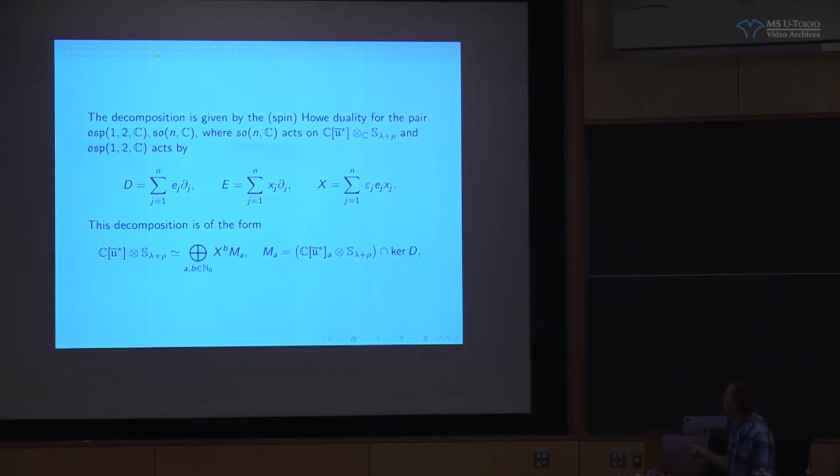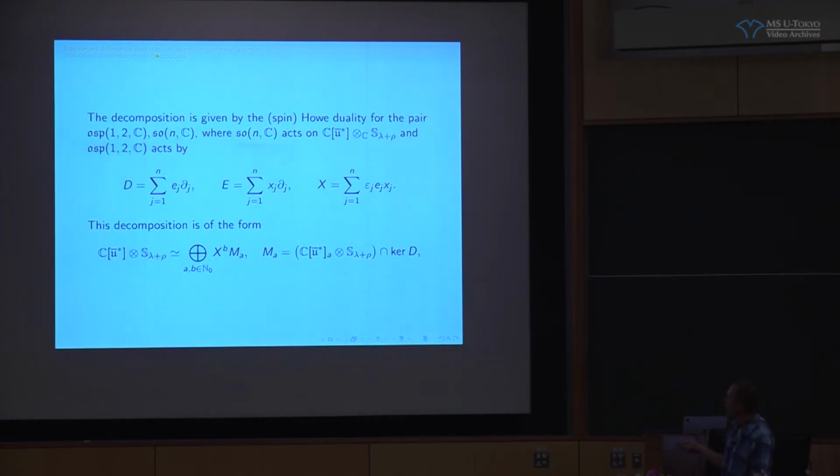It follows basically from Howe duality for the pair of the special orthogonal group and the super Lie algebra osp(1|2), which is generated by the three operators D, E, and X, that osp(1|2, C) is the centralizer of the action of SO(n) on the corresponding vector space.